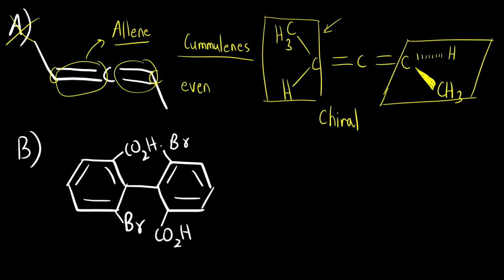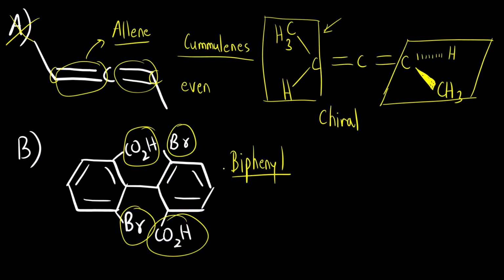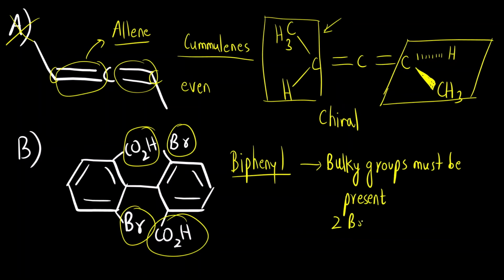Option B. Here this is a biphenyl system. From the name itself we can see two phenyl rings are present. In biphenyl we had seen the eligibility criteria for chirality: bulky groups must be present at the ortho position. Here we can see 2 Br and 2 carboxylic acid COOH groups are present.